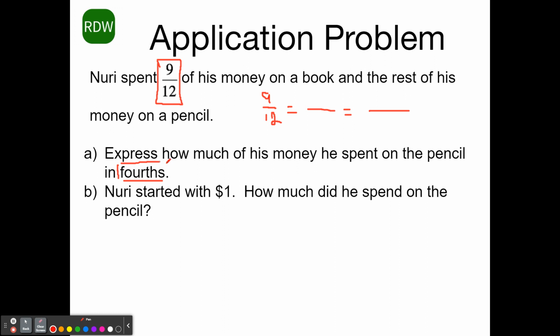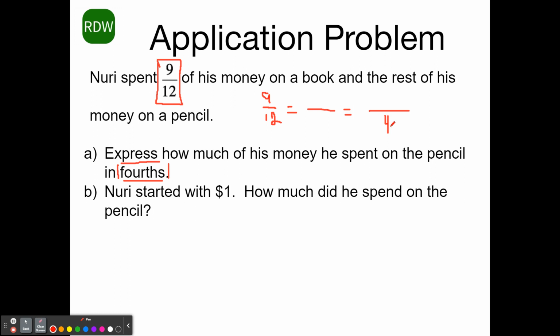So since they're asking for fourths here, we know that we want to end up with a 4 in the denominator. Now, our fraction is starting with 12, and we want to get to 4. I want you to think. Would I multiply 12 by something to end up with 4?